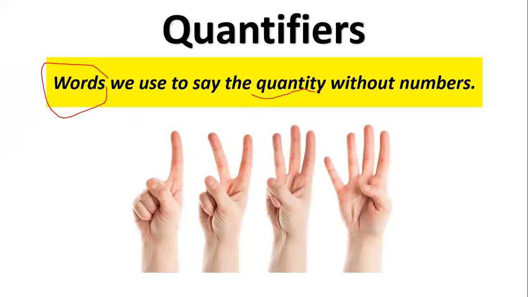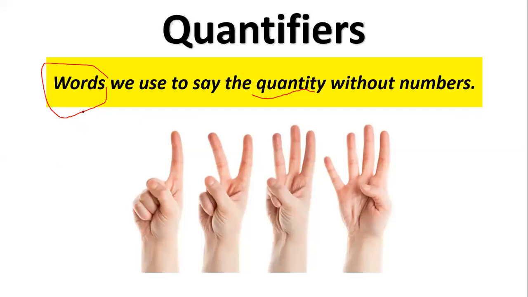Contar. More or less. Identify how many there are. Yes, pretty much. So the quantity is all the objects or all the things that you have in one place. In the kitchen, in your room, or in the bedroom, etc.